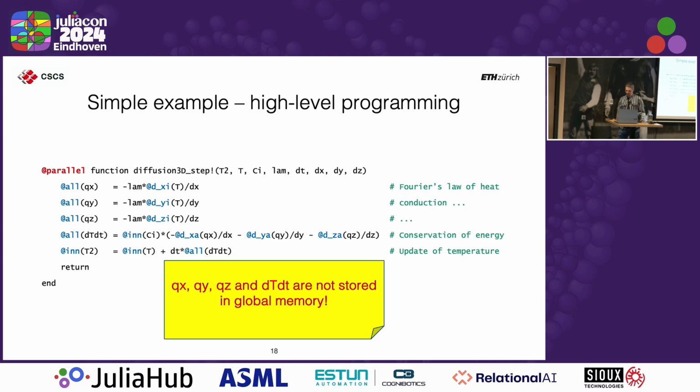And what is particularly important to see here, the fluxes and dt are not stored in memory, because you see in the signature of the function they don't appear, so it will automatically be done on the fly. Also, one can use other macros. You can define them yourself, right?